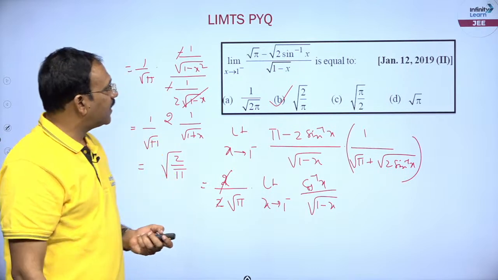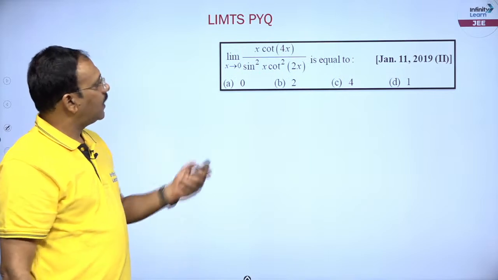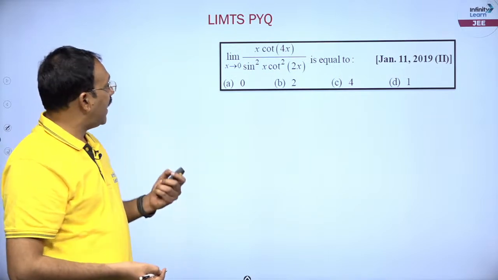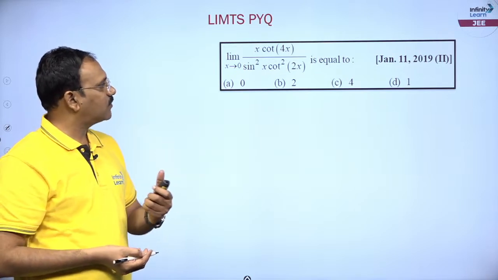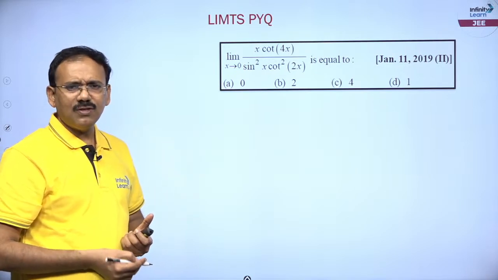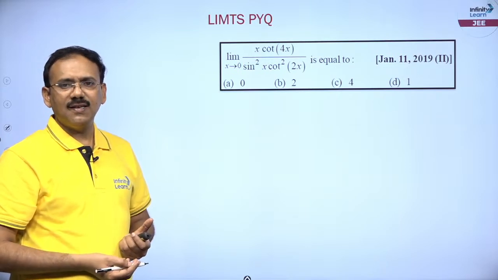Fine. The next, dear students, you see the same kind of question. Limit x tends to 0, x into cot 4x by sin square x cot square 2x. Can we close this problem in 1 minute? Difficult or easy?